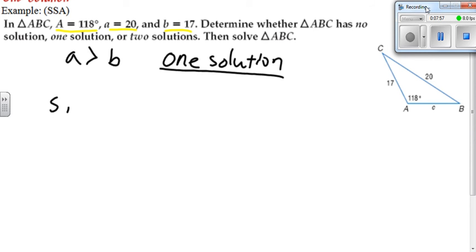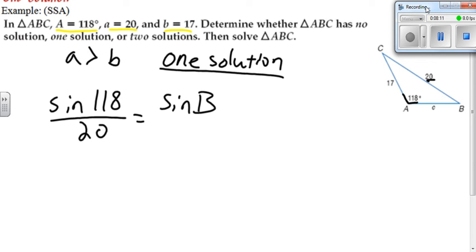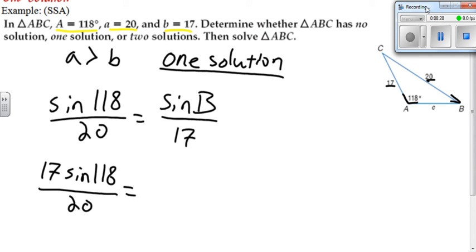We can say that we have the sine of 118 over 20, because we have our angle and the leg that is across from it, equals the sine of B, this angle, so we need the leg that it corresponds with, over 17. Now we just have to solve for B here. If we multiply 17 to the other side, 17 times sine 118 all over 20 equals the sine of B.